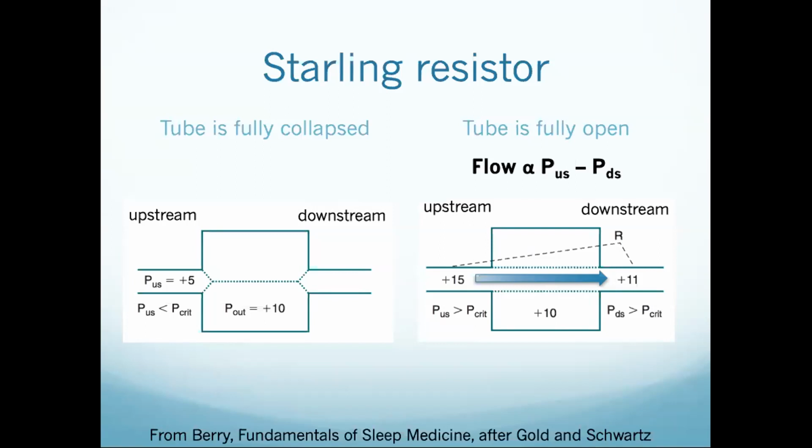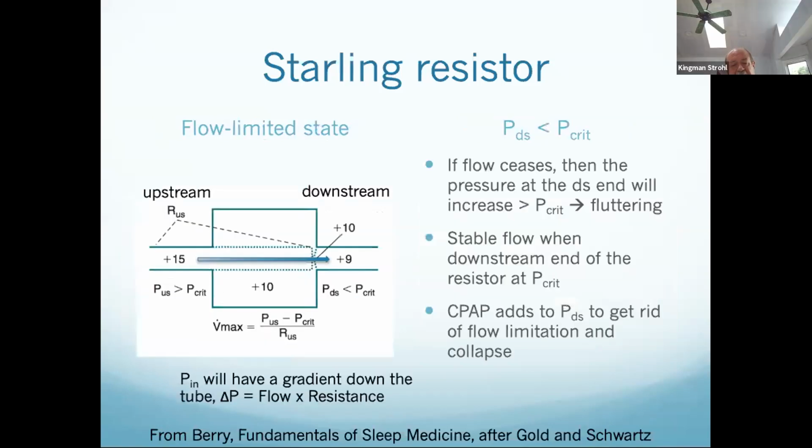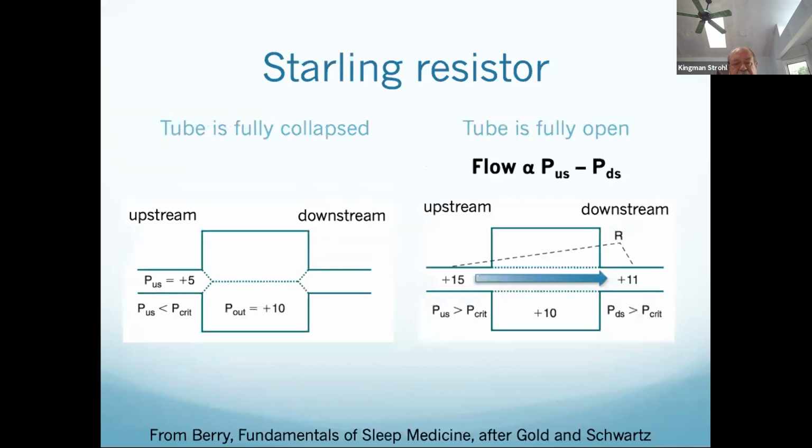Okay. And then on the next slide, you increase that from +5 to +15. Now go back one. +5 to +15, and it's bigger than the +10, but it has to travel along a tube and it has to wiggle around whatever it is.